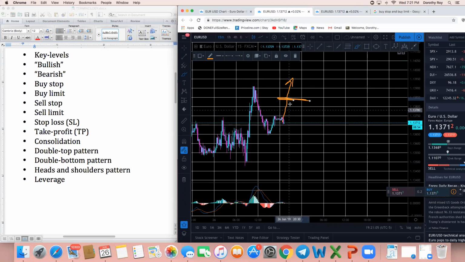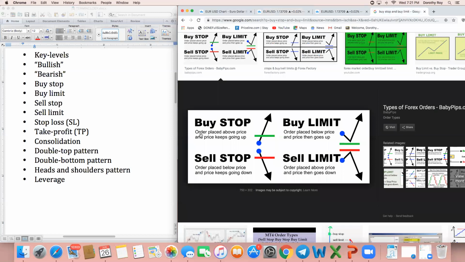So I'm going to put a mark right here and say at this level the market is going to get hit and then just keep shooting up. That is called either a buy stop or a sell stop. That means an order placed above price, and the sell stop would be the complete opposite: an order placed below the price, when the market keeps going through it.